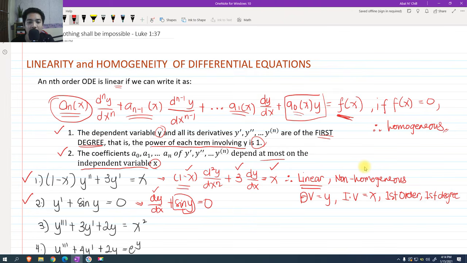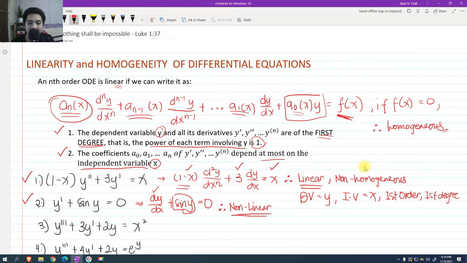Since the graph of sine of y is not linear, this equation could be classified as a nonlinear differential equation.